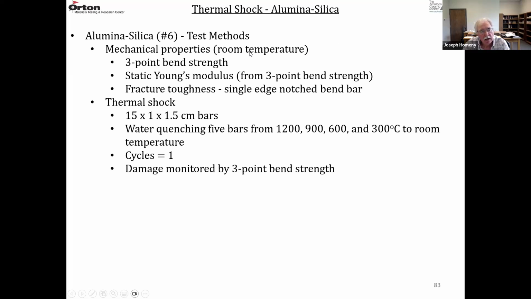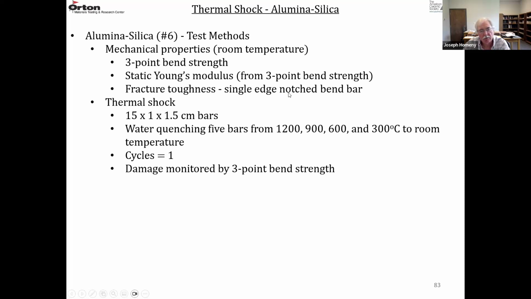The mechanical properties were measured at room temperature: fracture strength by 3-point bending, and a static Young's modulus. This was measured from the 3-point bending stress-strain or load-displacement curves, taking the static modulus as the slope of the stress-strain curve.